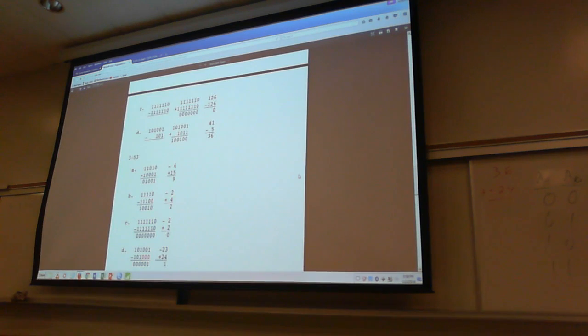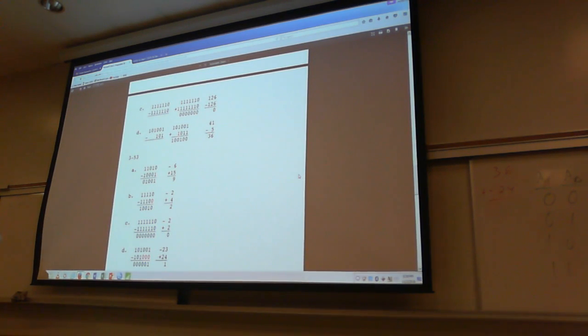So if I were to ask you the range of numbers that 4 bits in two's complement can represent, you would tell me that range of numbers is? I have 4 bits, a two's complement number.